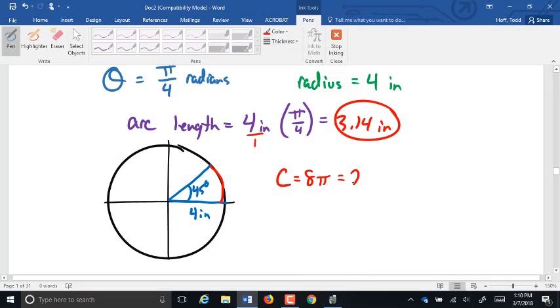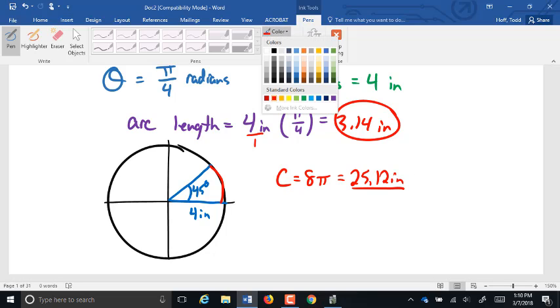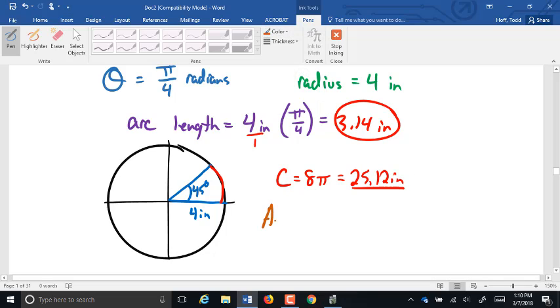Which is 25.12. And then we would take that 25.12 inches, times our angle of 45 over 360, which is 3.14 inches.